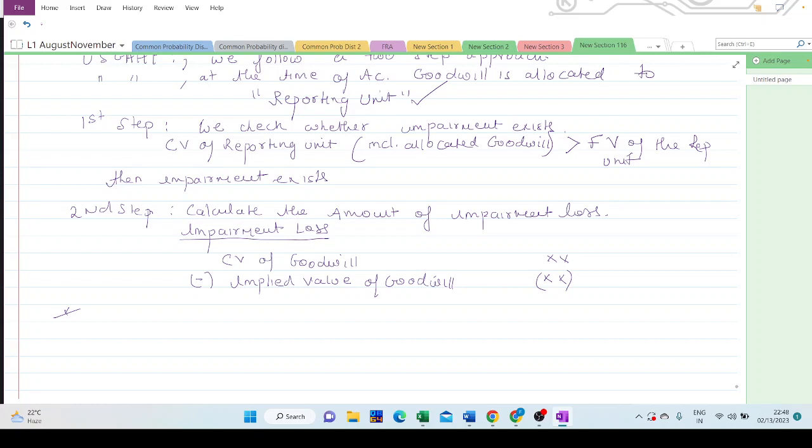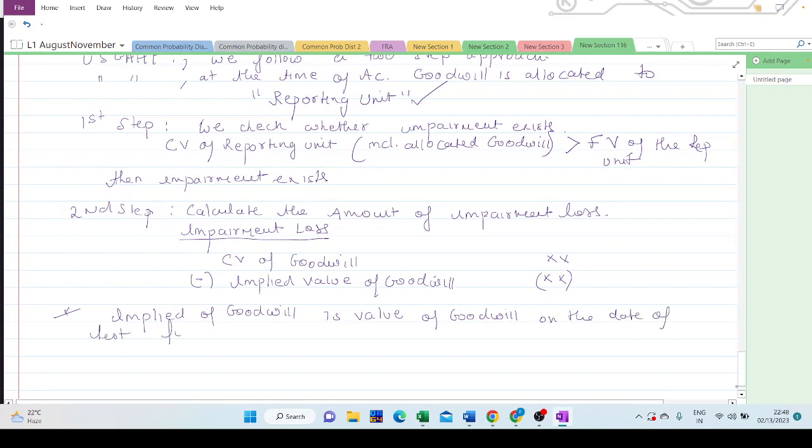Implied value of goodwill is the value of goodwill on the date of test for impairment. Here the catchword is date of test for impairment.